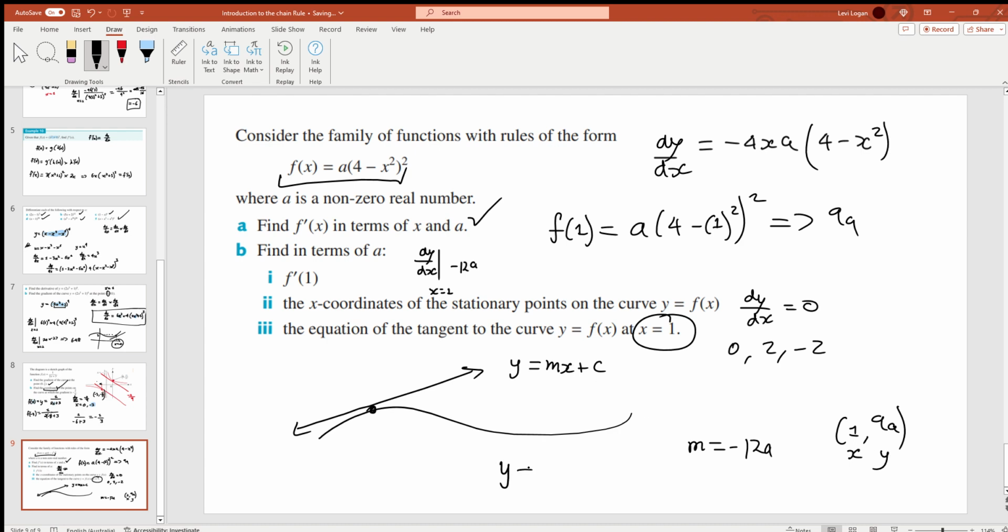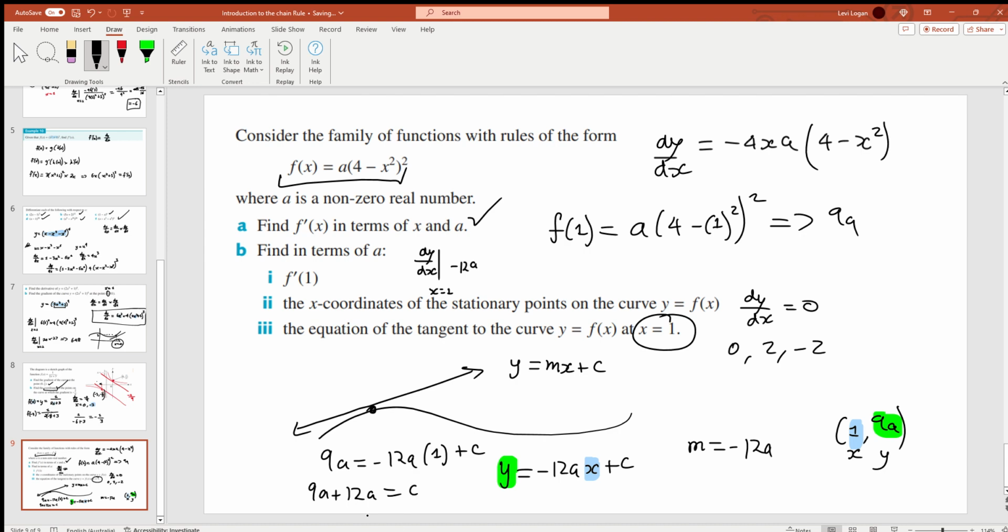So we have y equals currently minus 12a x plus c. So now I can substitute this information into here to find pretty much our c value. So I'm going to have 9a equals minus 12a times by 1 plus c. So in other words, I'm going to have 9a plus 12a equals c.